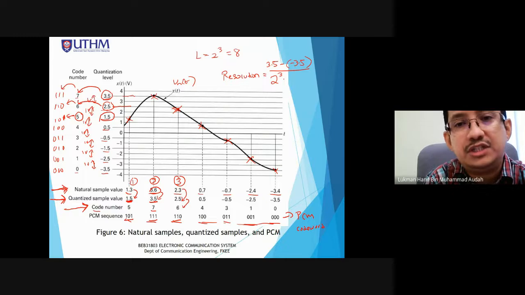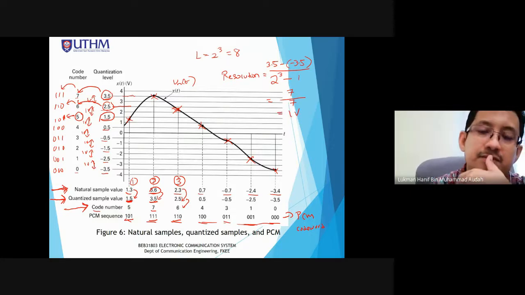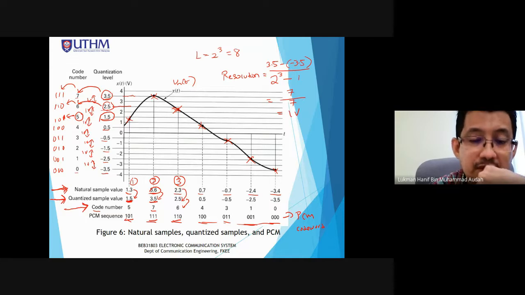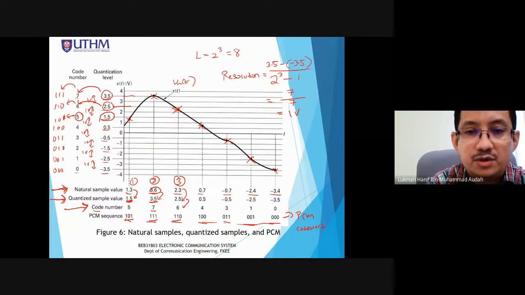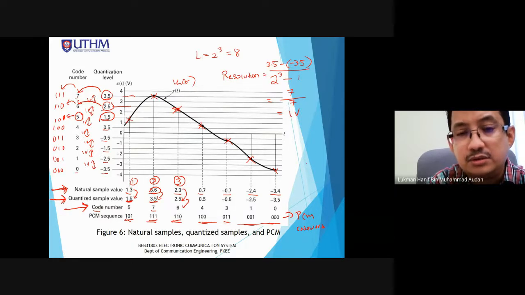So 2 power of 3 minus 1, that means 7 divide with 7, so you get 1 volt. Bermakna quantization level ada 8. Itu sebab you kena buat satu table dalam soalan itu. Pelajar diminta untuk membuat table berkenaan dengan quantization level.